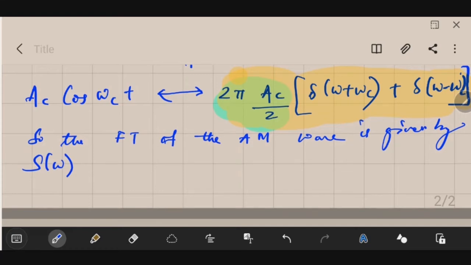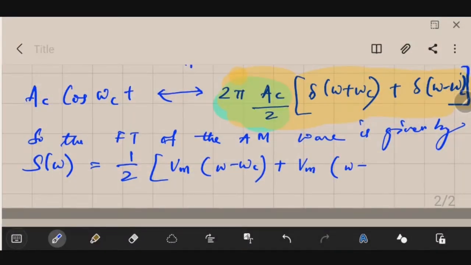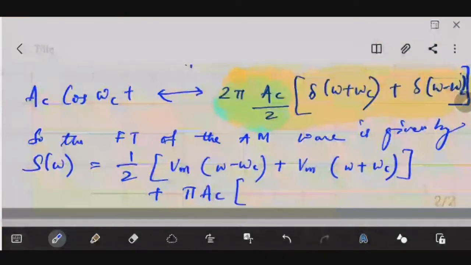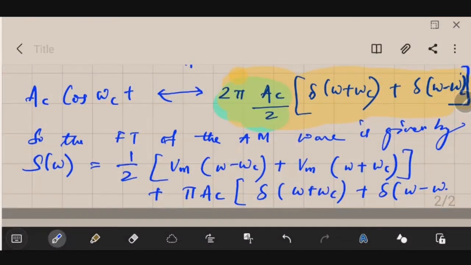So S of omega is equal to half Vm of omega minus omega c plus Vm of omega plus omega c, plus again pi AC, because the 2 were cancelled, times the bracket del of omega plus omega c plus del of omega minus omega c. Got it?